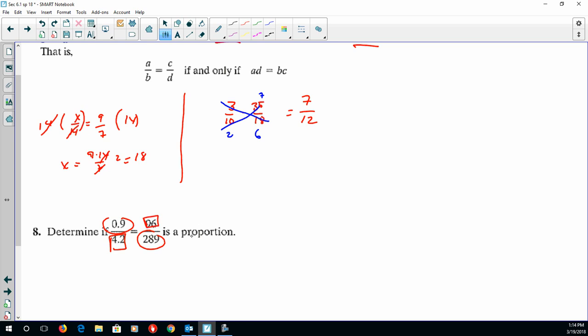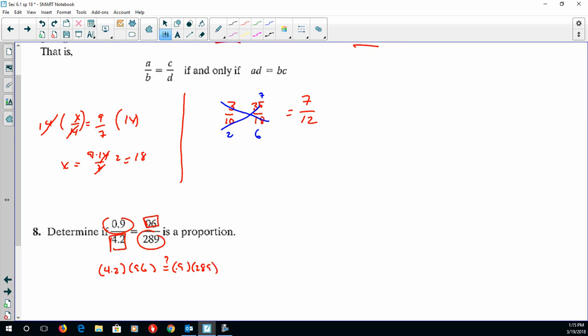If the product of the means equals the product of the extremes, so let's take 4.2 times 96, if that's equal to 0.9 times 289, then the answer is yes.